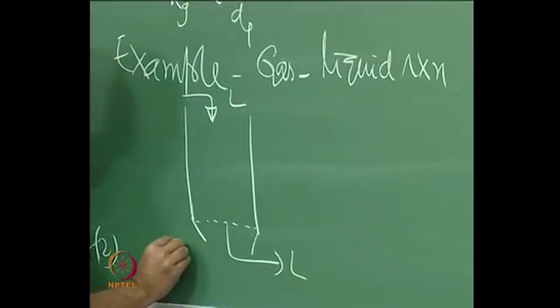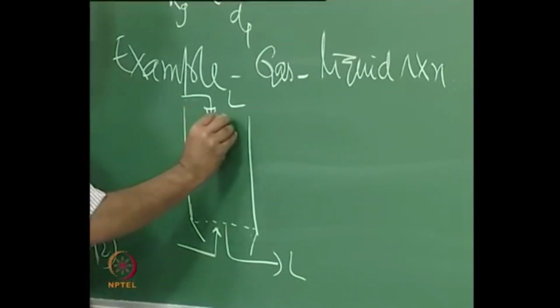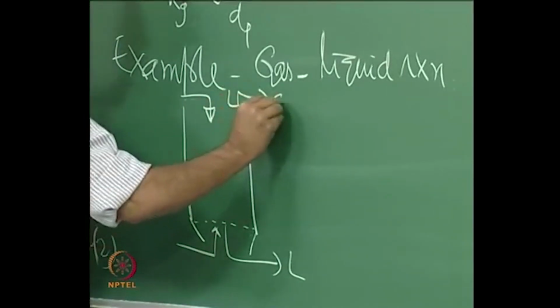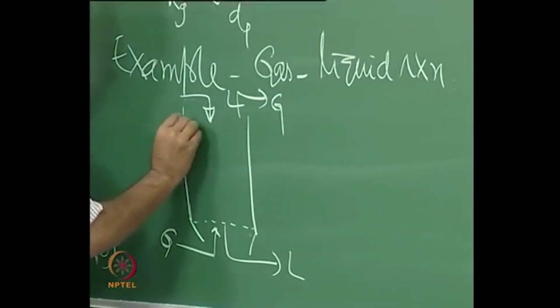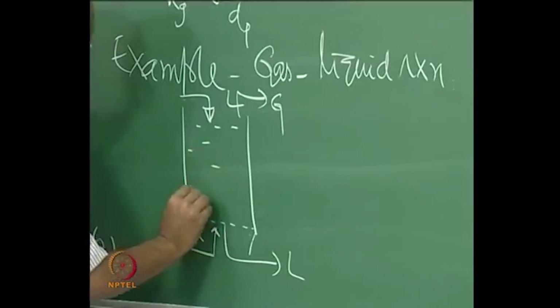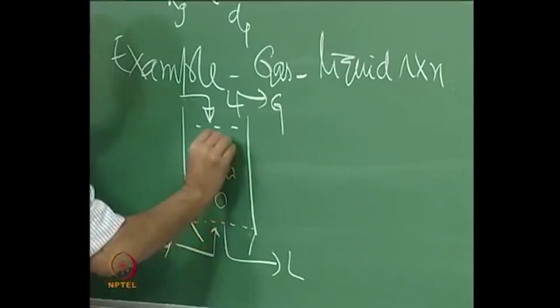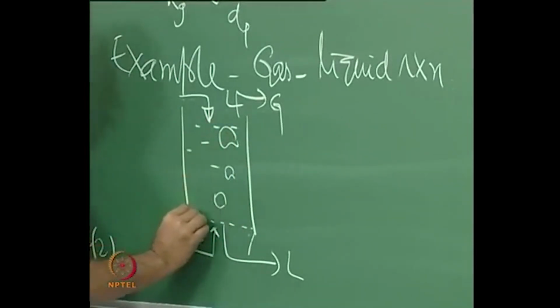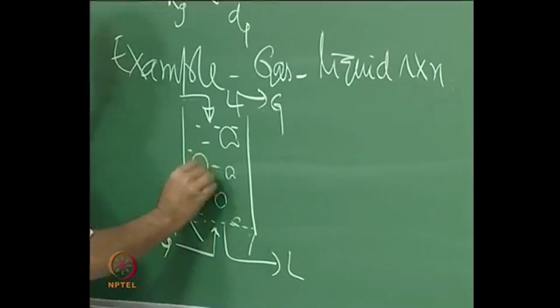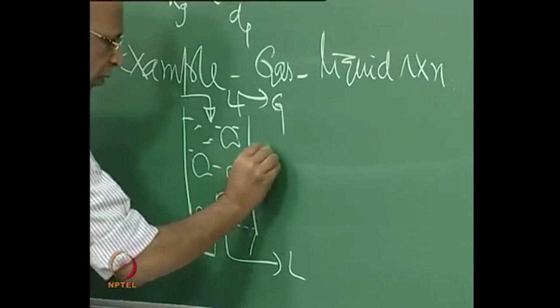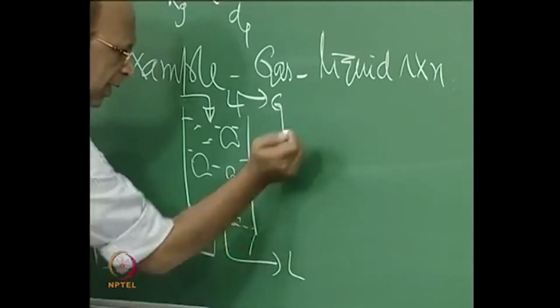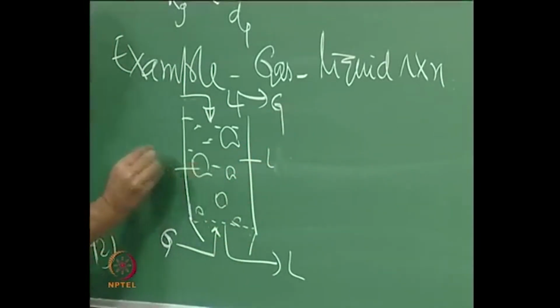Then we have gas entering, gas coming out, and we have the liquid, and we also have bubbles. So, this is liquid L, I will write, and this is gas.